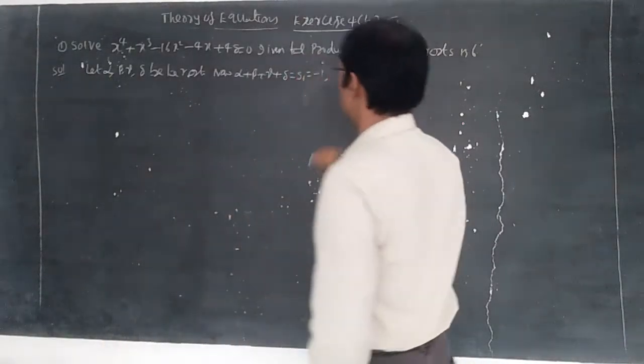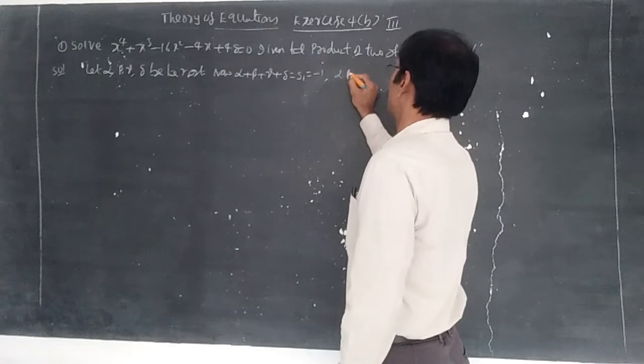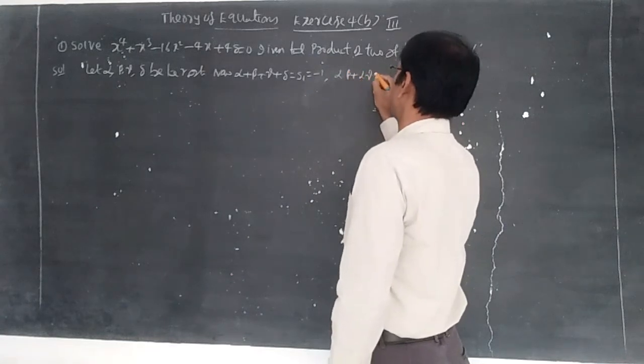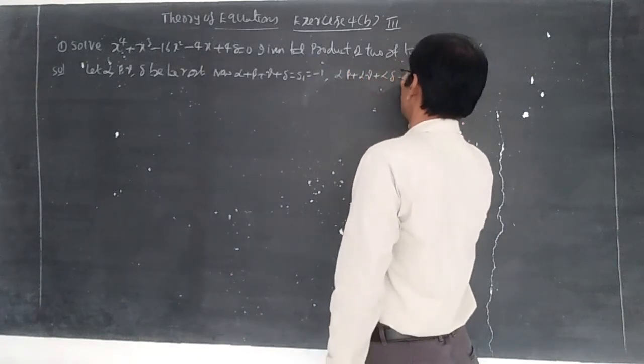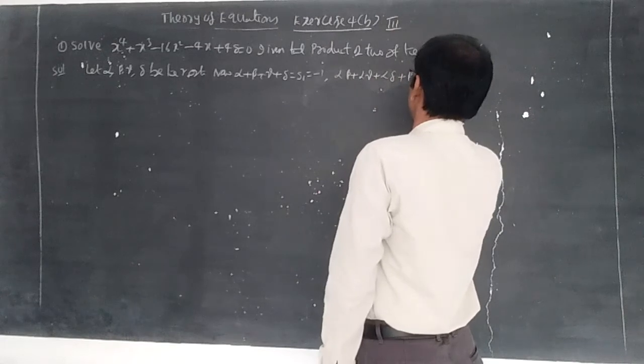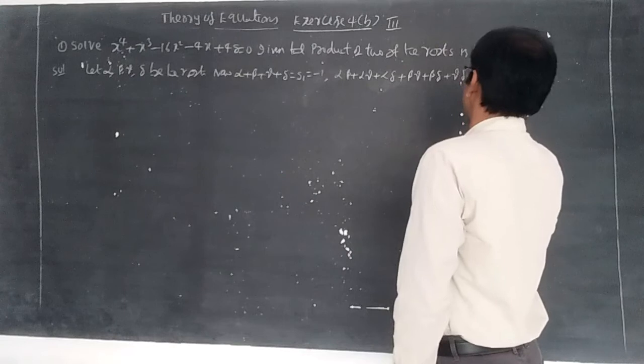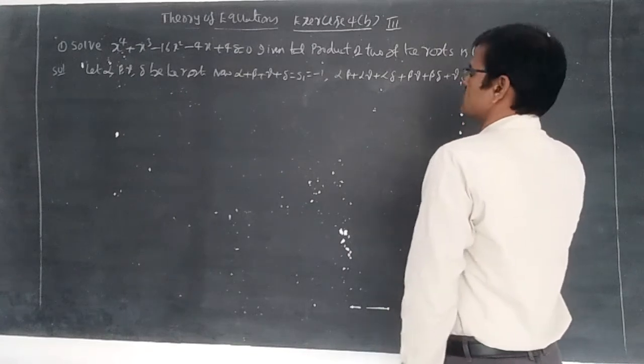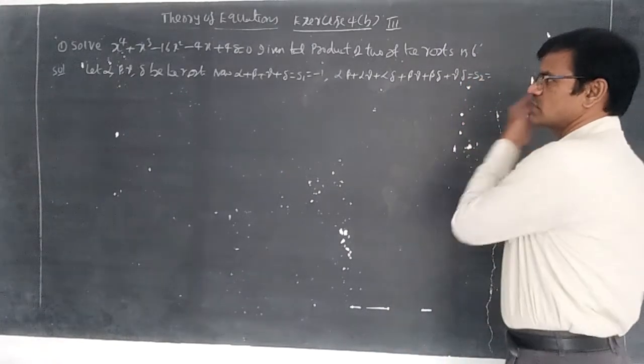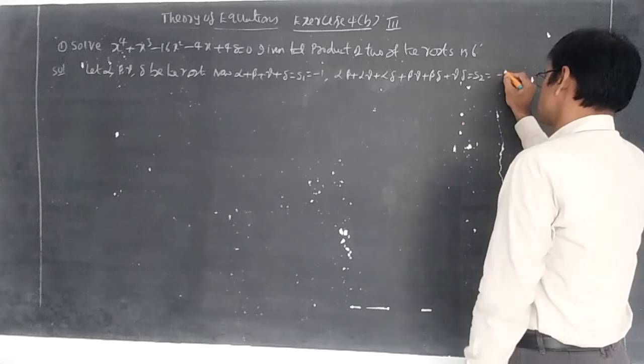Next, alpha beta plus alpha gamma plus alpha delta plus beta gamma plus beta delta plus gamma delta, that is S2. S2 is equal to minus plus, so it is minus 16.